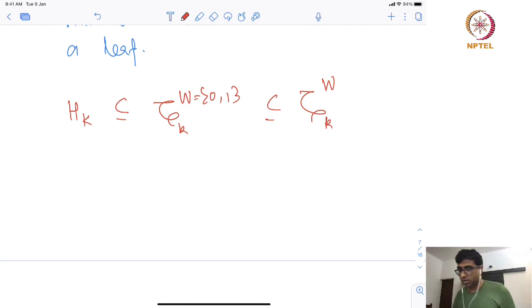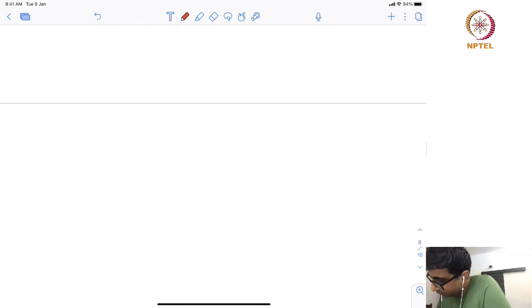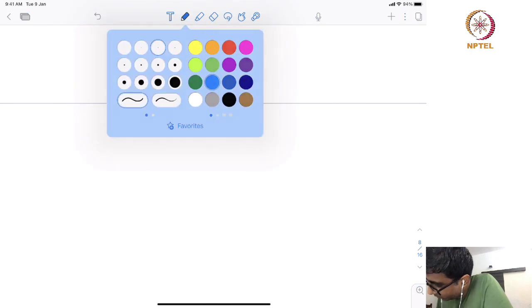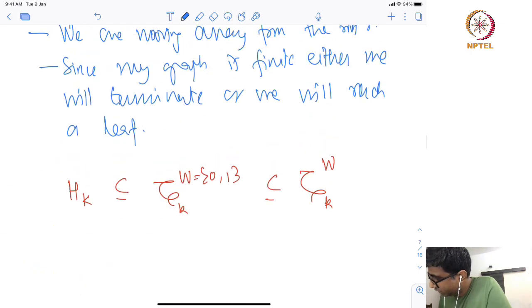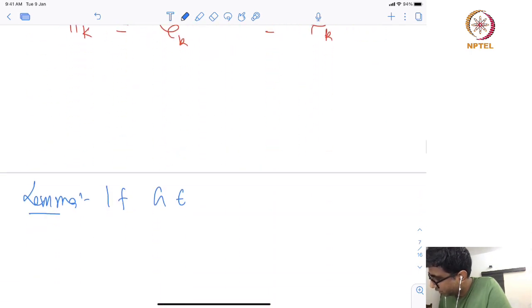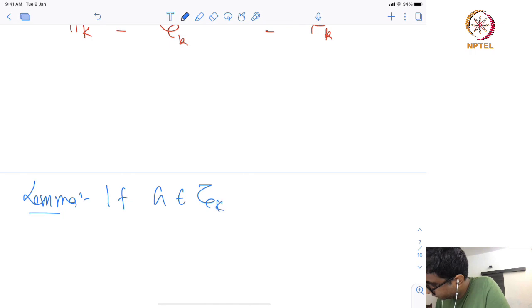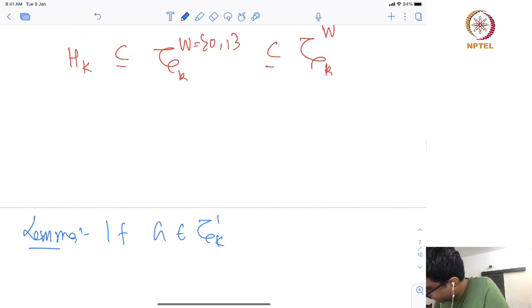But now what we are going to show is a partial converse, and that is what will constitute our algorithm. So my lemma is: if G belongs to this family, I will write it explicitly. What is the meaning of this?